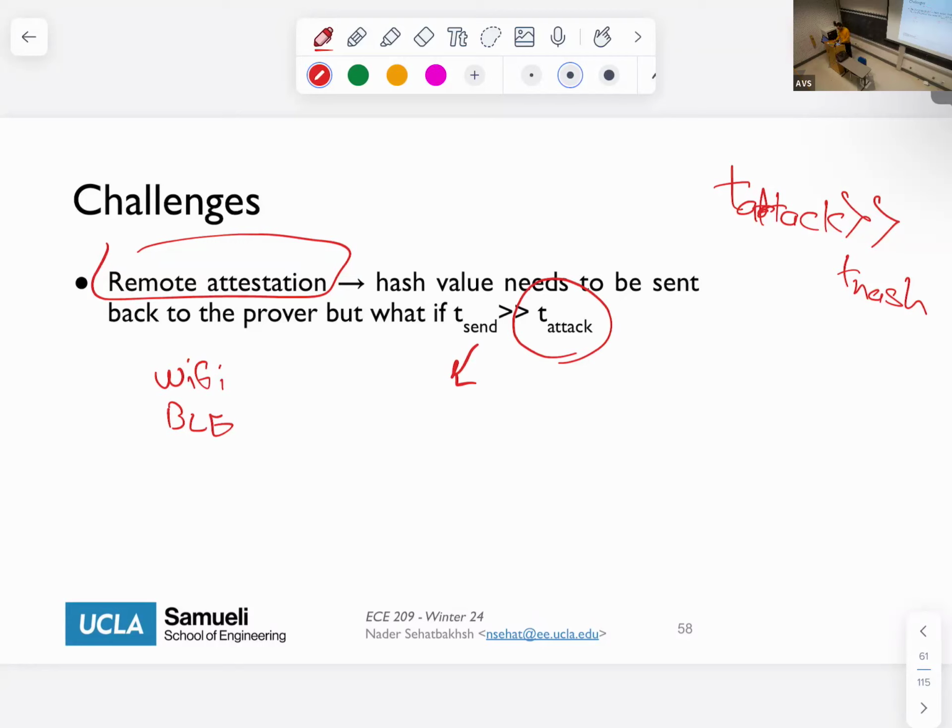And of course, if this T of sending the data is very large, the attacker can always hide their attack inside this large computation or large delay that we have. So we need to fix this problem somehow, so that the attack time is much bigger than the hash computation and sending, which is part of the hash computation.